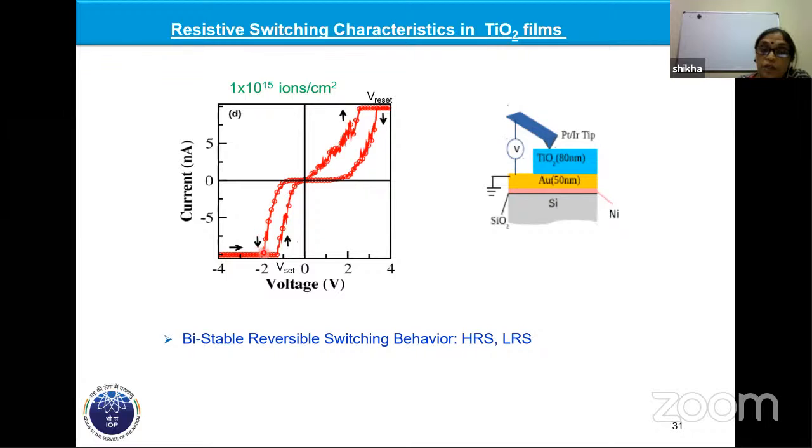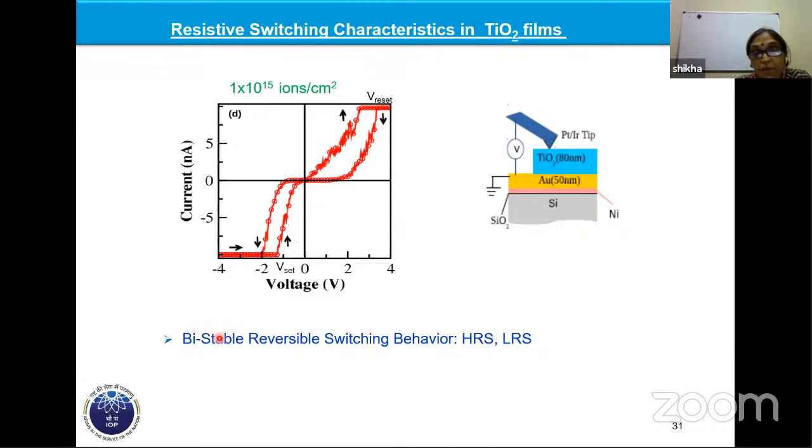So this is called the high resistance state, when there was no current. Then suddenly when the current starts appearing, we get a low resistance state. So all this is a low resistance state between this voltage and this voltage. And then again, once we go up and then start decreasing the voltage, we see the transformation from low resistance state to high resistance state.